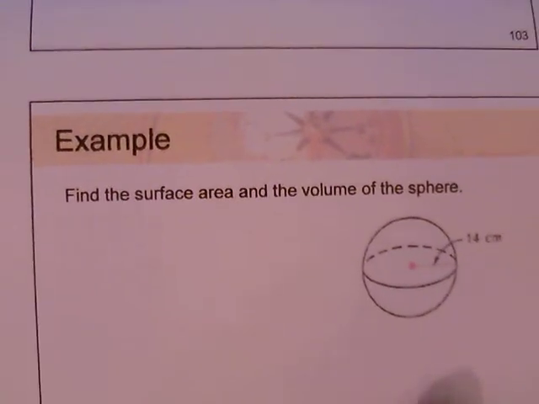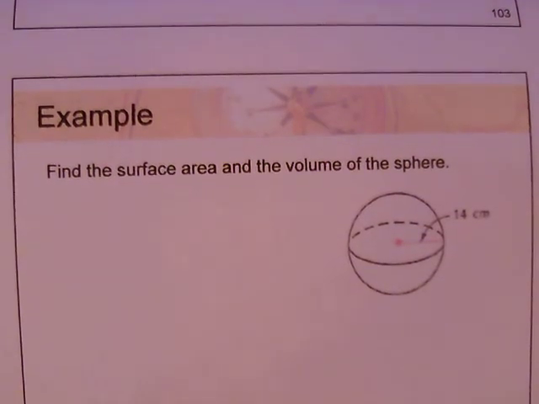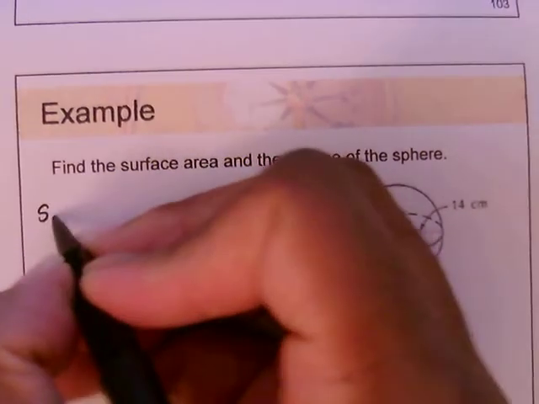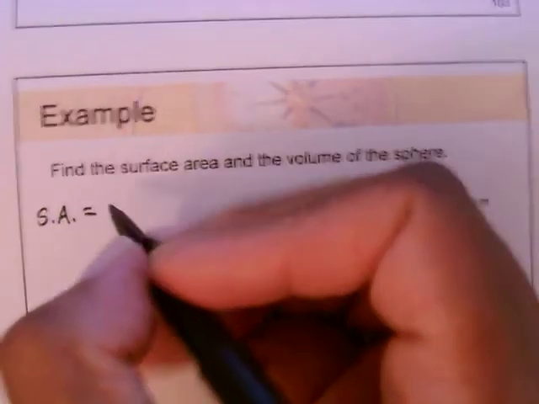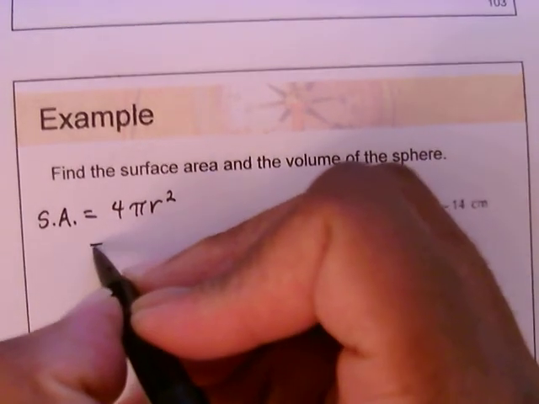Here we're going to find the surface area and volume of a sphere. The sphere looks like a basketball or any round figure that's in the shape of a ball. This sphere has a radius of 14 centimeters. So let's start off by finding the surface area. I'm going to label this as SA. That's equal to 4 pi times the radius squared.